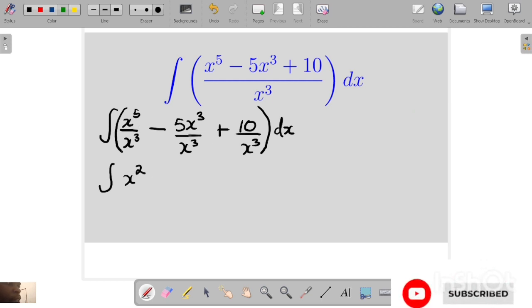All right. The second expression can also be simplified by the laws of indices. So we have 5x to the third divided by x to the third. The bases are the same, so they will subtract.